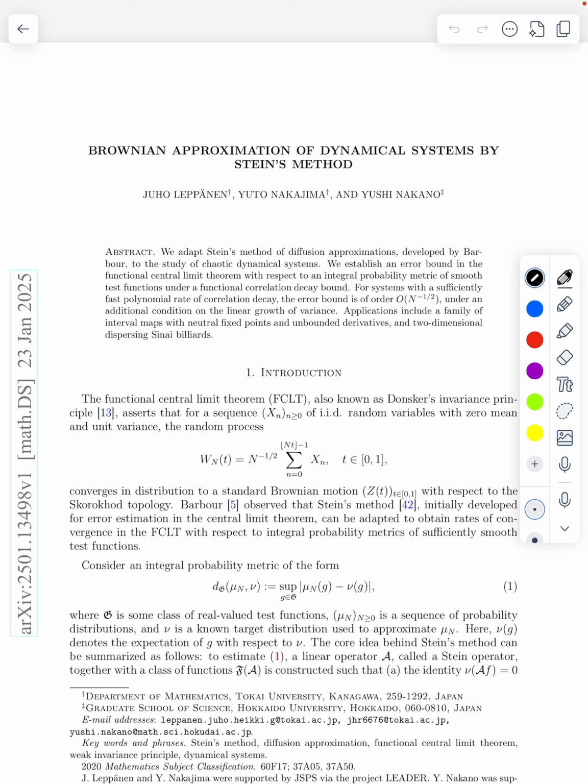What you can see is that we want to measure the distance according to some integral probability metric. Some common cases are total variation metric, Wasserstein distance, all this sort of stuff. And we want to be able to tell the difference between these two.